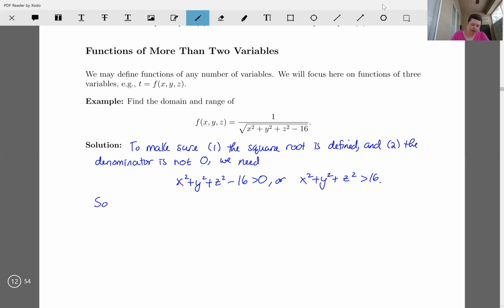So the domain is the set of all points outside the sphere of radius square root of 16, which is 4, centered at the origin.